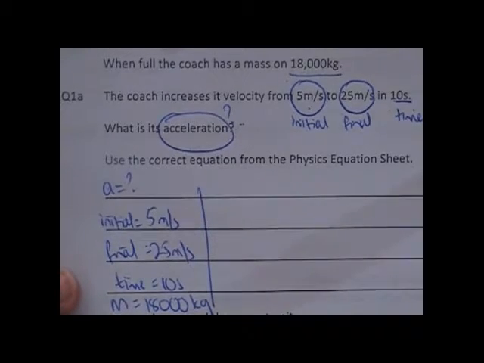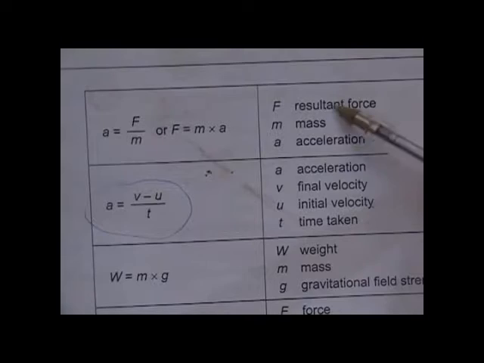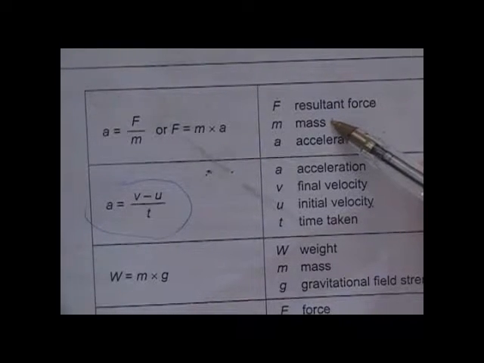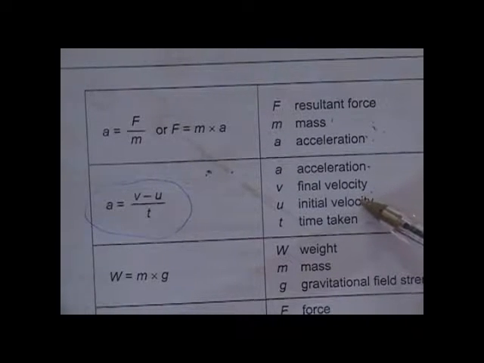So let's have a look on our calculation sheet. I've got the mass here, but I don't have the force, so it can't be this calculation. I want to know the acceleration, I've got the final velocity, I've got the initial velocity, I've got the time taken, so it must be this one. Therefore, the mass that they've given us will be for a different part of this question.